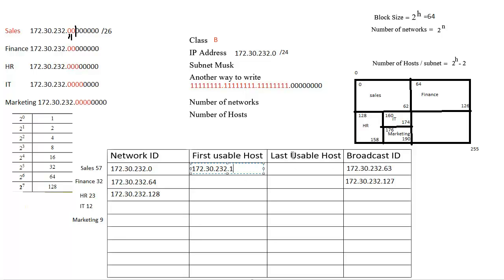The last usable host is just before the broadcast ID, so the last usable host will be 62. The first usable host for the next network is 65, and the last usable host just before the broadcast is 126.